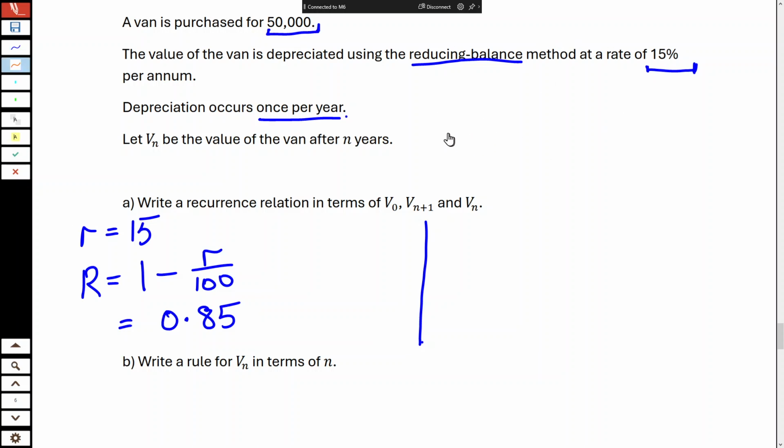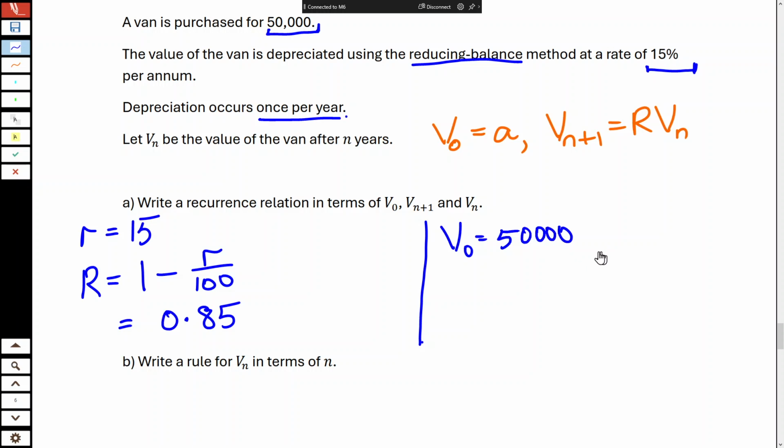Remember that when we're dealing with a reducing balance depreciation question, we're using a geometric sequence. So it'll look like this. You just have to choose lowercase a and capital R. So in this case, our initial value has changed to 50,000. And Vn plus 1 this time is 0.85 times Vn. Exactly the same as the previous example, I've just changed some numbers.